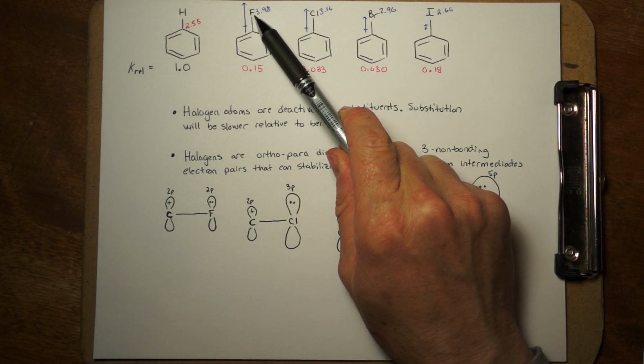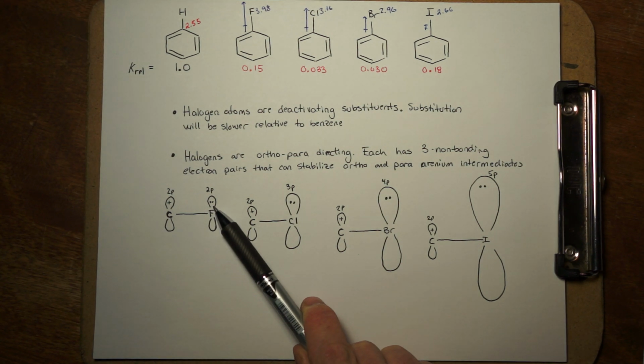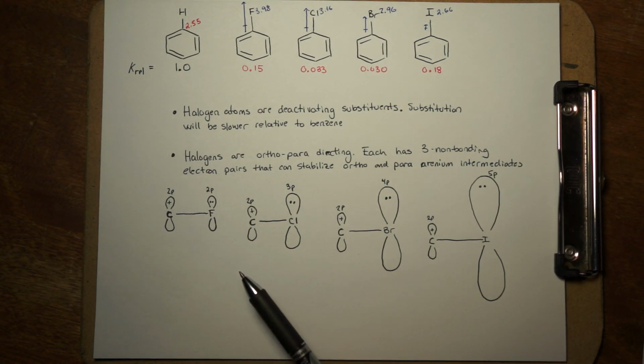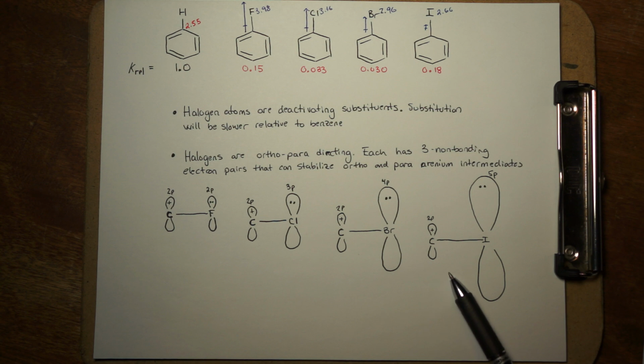So fluorine is the strongest electron withdrawing group. But it's also the most able to donate an electron pair into the ring. Iodine is the weakest electron withdrawing group, so it's not removing much electron density from the ring, but its ability to donate into the ring is pretty small.